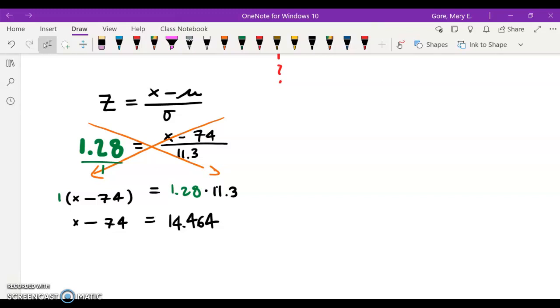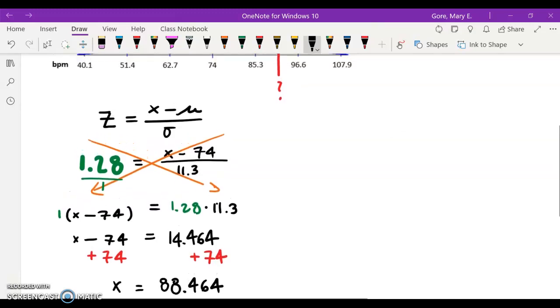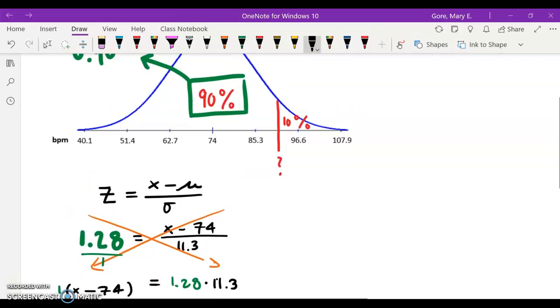The last thing we're going to do to solve for this is to add 74 to both sides. And that'll isolate our x. We'll get a nice value here. So we get what looks like 88.464. That is the pulse rate that accomplishes this feat, which is to separate the lower 90% of women's pulse rates from the upper 10%.